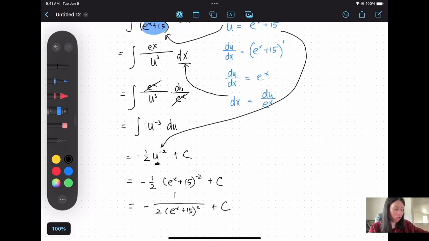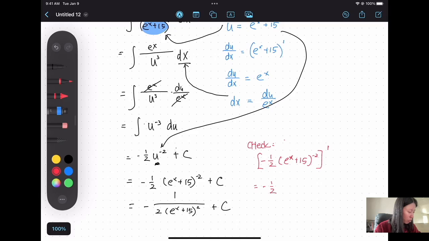Now we still want to check. So for checking, I want to differentiate that. So the derivative of that: I have negative 1/2 (e to the x plus 15) to the negative 2 power, and then take the derivative.